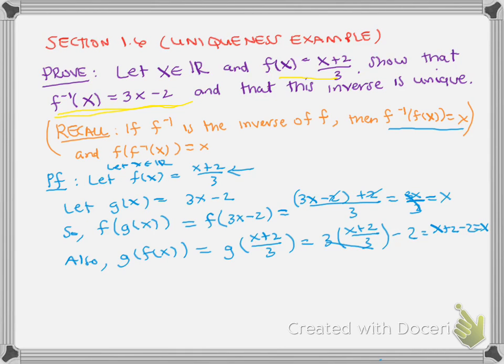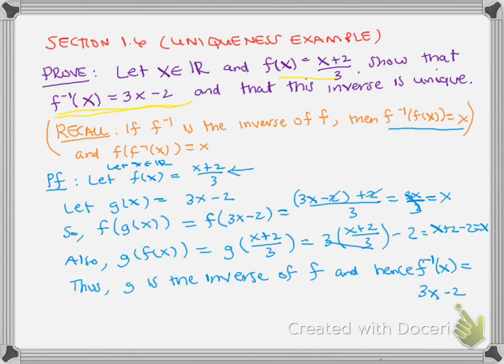So from there we can say, thus, g is the inverse of f, and hence f inverse of x equals 3x minus 2. That's the first part of this proof, showing the function is an inverse by taking the composition both ways and showing it equals x, because as you may remember, compositions of functions are not necessarily commutative.